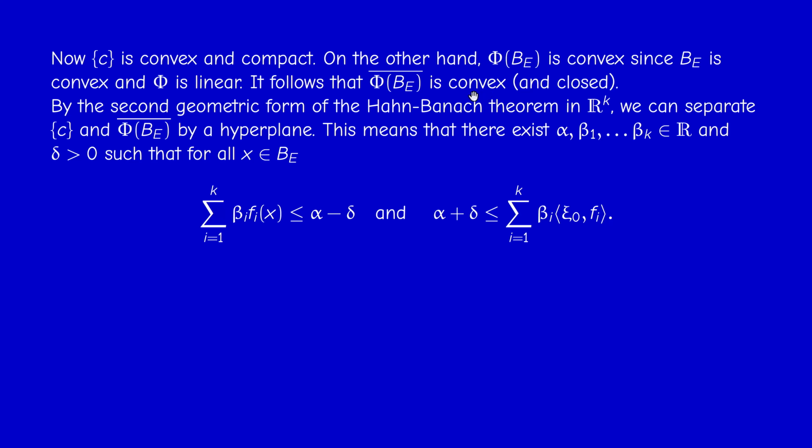But what is a linear map from Rk to R? As we know from a previous discussion, a linear map is just a generalization of the equation of a line or a plane. So I can write my map as the sum of beta i times xi, if you like.